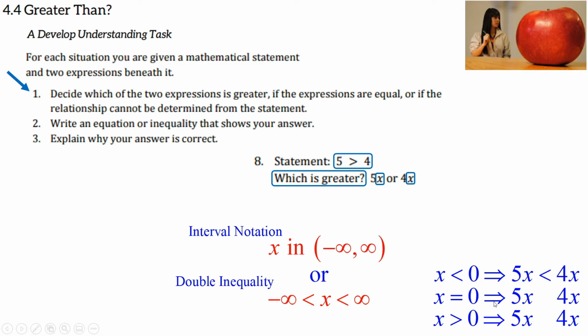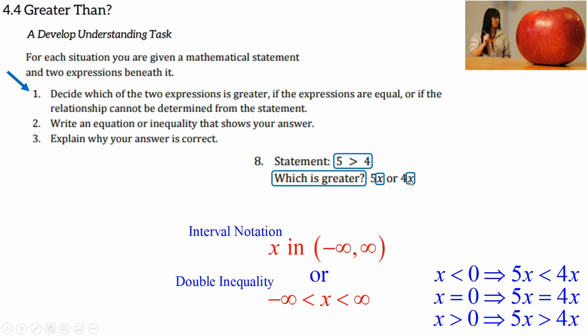If x is 0, 5 times 0 is 0 and 4 times 0 is 0, so 0 equals 0. If x is greater than 0, like 1, 5 times 1 is 5, 4 times 1 is 4, and 5 times 1 is greater than 4 times 1. So we can be less than, equal, or greater than, depending on our value for x.